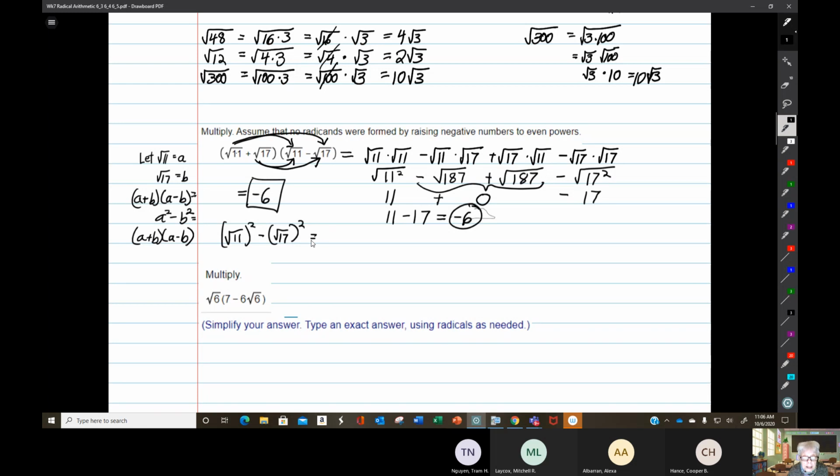So that would give us the square root of 11 squared is 11. The square root of 17 squared is 17. 11 minus 17 is negative 6. It's taken you all of 1 minute to do this. But you're always free to do it the longer way.